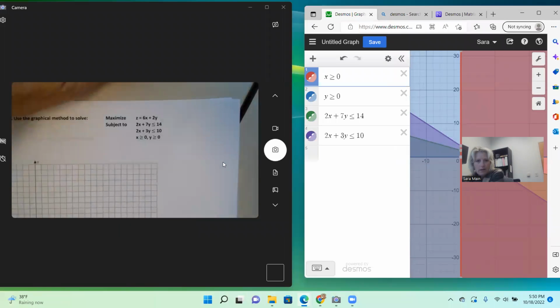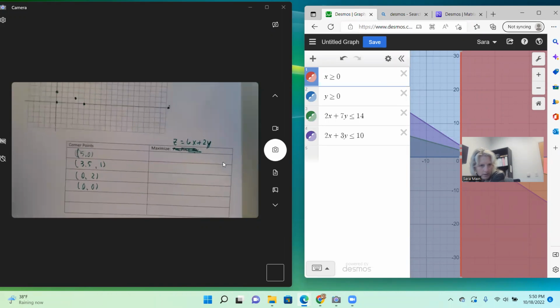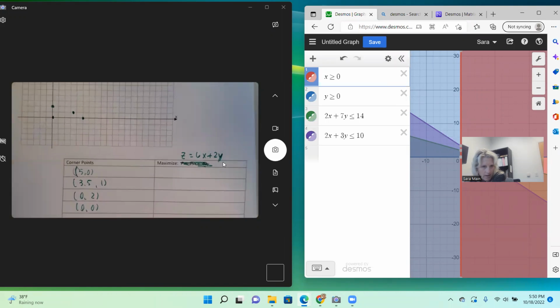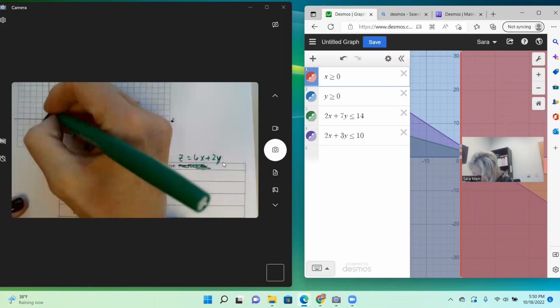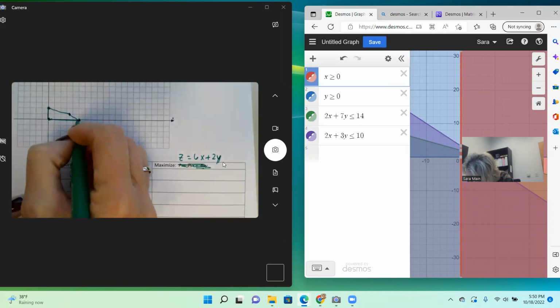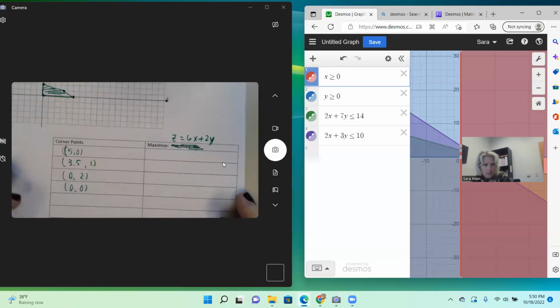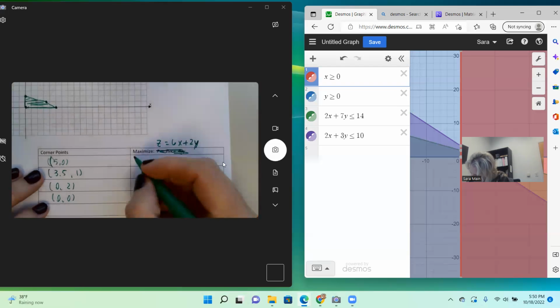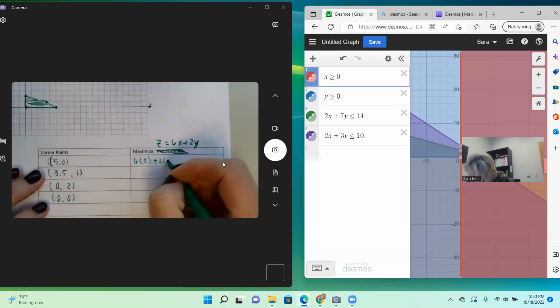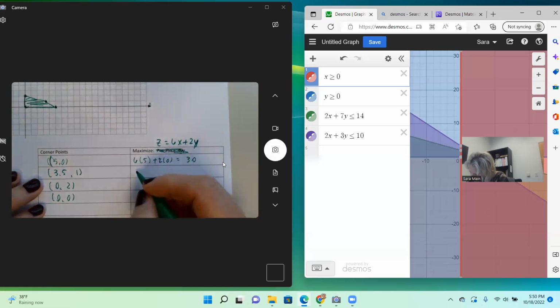So there's my graph, here's my corner points. So I'm going to put these in. We're trying to maximize this function here.